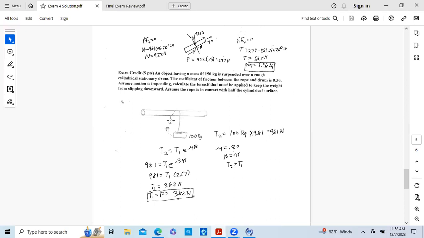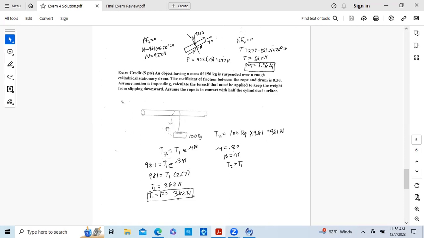And when we developed it, this force would have been T1, this one would have been T2. That's how I wrote the equation. So T1 is equal to this P force out here. We're given the coefficient of friction between the rope and the drum is 0.3. Motion is impending. Calculate the force P that must be applied to keep the weight from slipping downward. And we assume the rope is in contact with half the cylindrical surface.